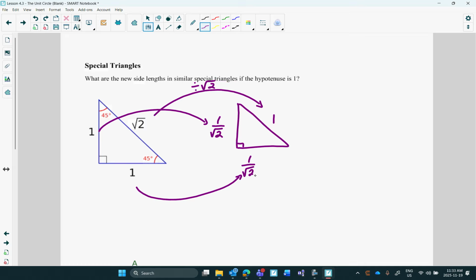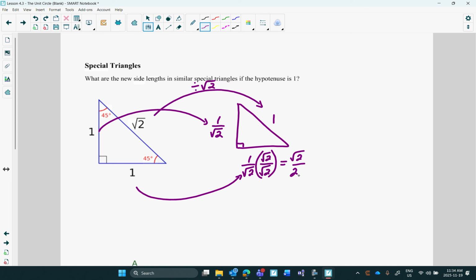But if you remember from our work with radicals last year, we never left square roots in the denominator. What do I multiply by so that the denominator no longer has a square root? Square root 2. So this gives me square root 2 over positive 2. That's the actual side length I'm going to use.